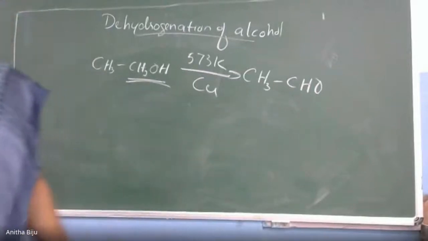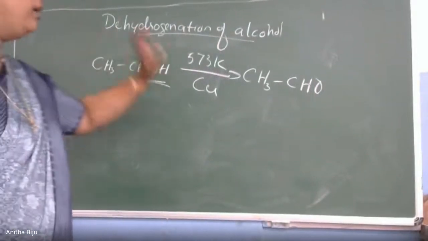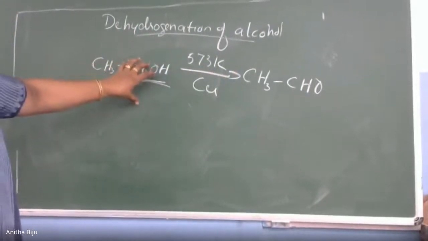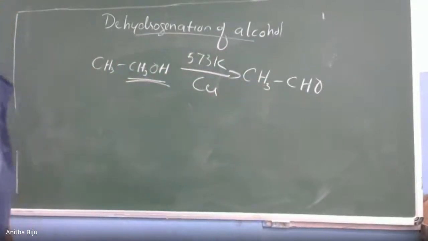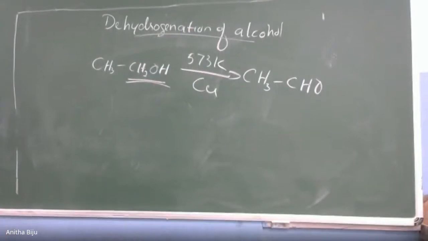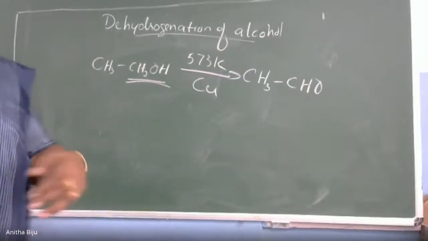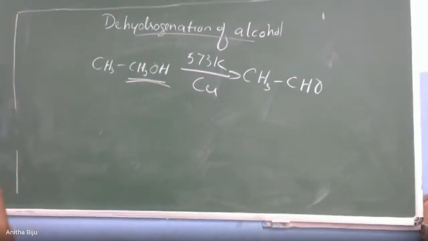Only 1. So when we compare the hydrogen atoms in the functional group of primary alcohol and aldehyde, there is a lack of 2 hydrogen atoms. That means 2 hydrogen atoms are removed from the reactant. That's why the reaction is called dehydrogenation.